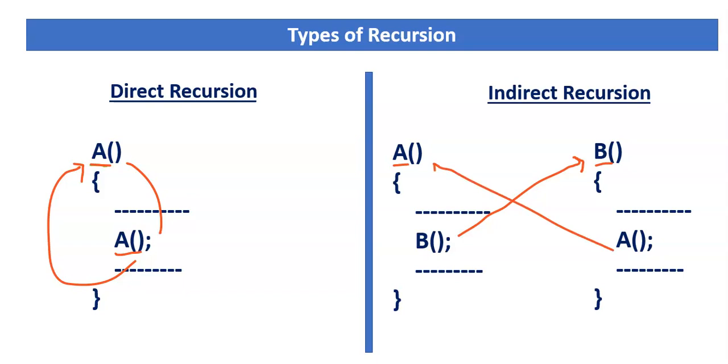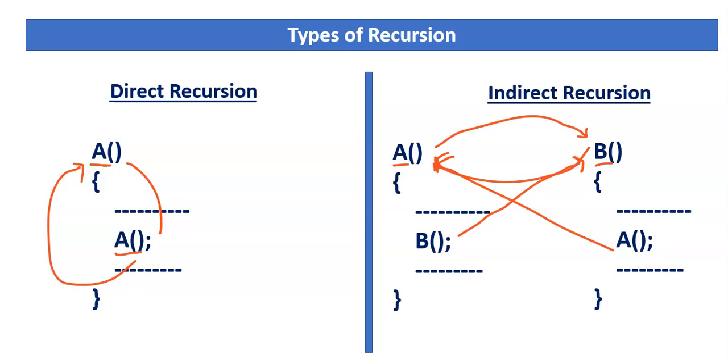That means control is transferred from A function to B function. Again the control is coming to A function, and this process is repeated. That means A function is calling B function, and after some time B function is calling A function, and this process is repeating. This type of recursion is called indirect recursion.